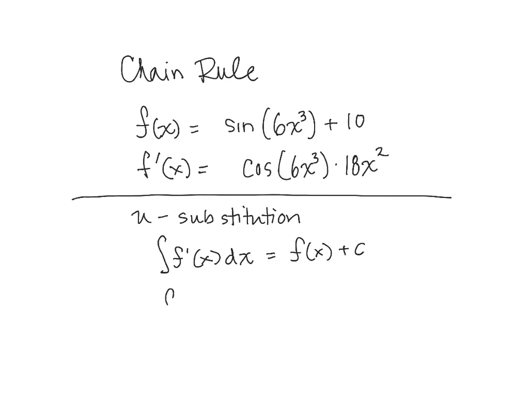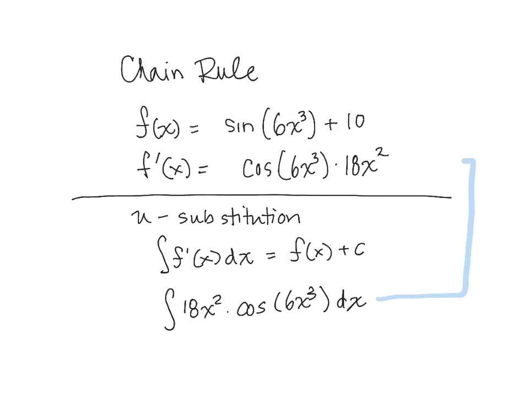So down here, if I want to integrate this 18x squared times cosine of 6x cubed, since what we did up above, we know what the antiderivative should be. When we do that, we will get sine of 6x cubed plus some c that we don't know.